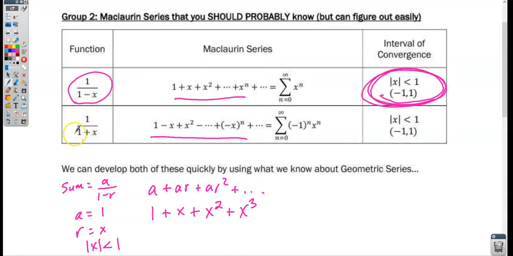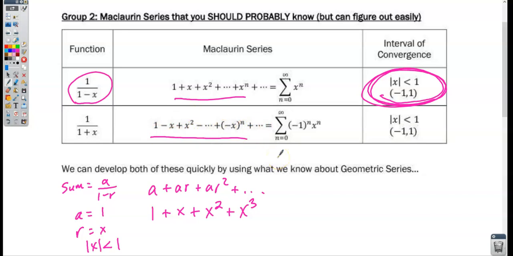And I can do the same thing with 1 over 1 plus x. In this case, a is 1, r is -x, and so as I write out a plus ar plus ar squared, it's 1 plus 1 times -x, which gives us this minus x, plus 1 times -x squared, which gives us the x squared, etc., to get this series.